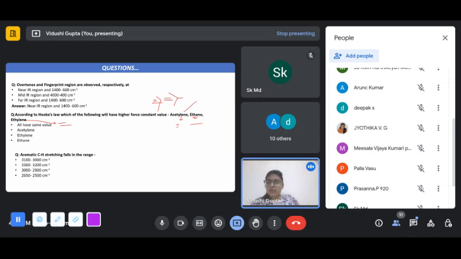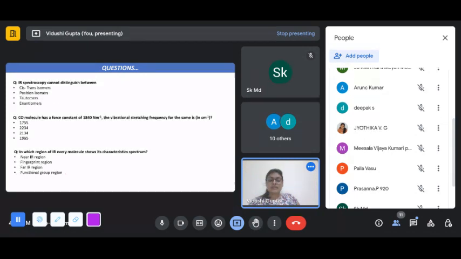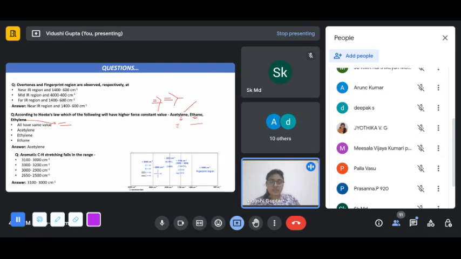Then we discussed the aromatic CH stretch, which ranges from 3100 to 3000 centimeter inverse, and then you have to remember the values for different functional groups. For carbonyl, it's approximately 1700, but it will change depending on whether it is an ester, aldehyde, ketone, or acid chloride.